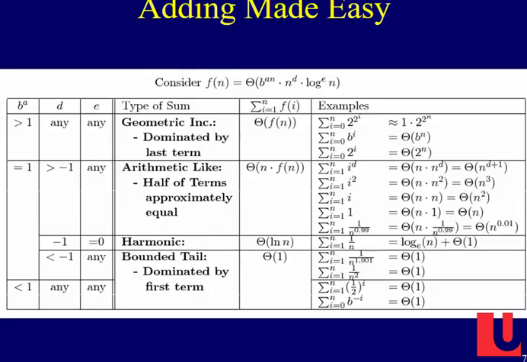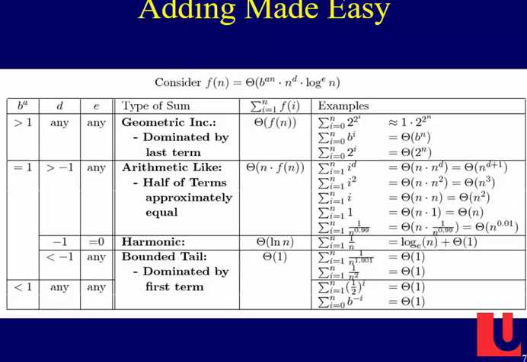So, and how many terms are there? Well, okay, it's true these ones are little and they don't really matter. But we could say that we have n over 2 terms going from the middle to the end. Or we could say we have n terms going from the beginning to the end.